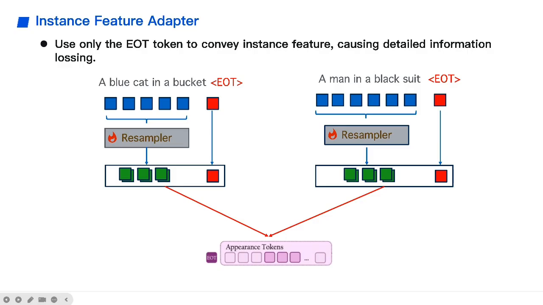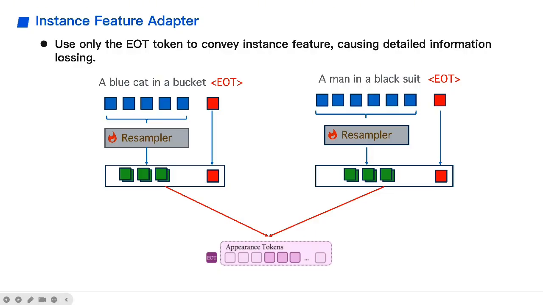To solve both of these issues, we introduce resampler models. Specifically, we define a set of learnable queries which interact with the non-padding tokens in the original text using cross attention. The output is a small number of fixed-length appearance tokens, which effectively summarize the visual detail of the instance.